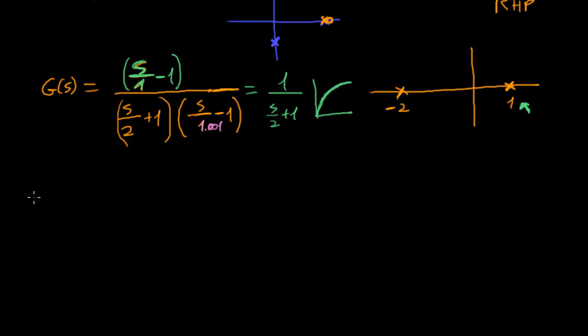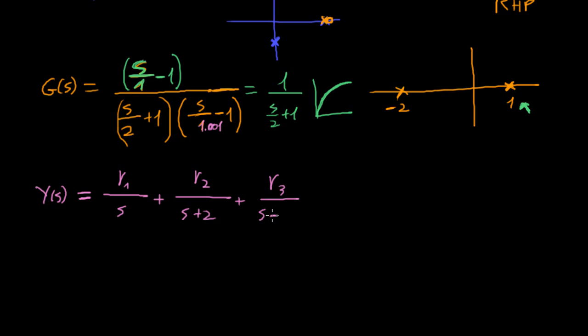But the consequence is that when we calculate the step response or any other response, we have some residue over s plus some other residue over s plus 2 plus some other residue over s minus 1.001. And unless the zero is exactly over 1.001, this is going to be different from 0.